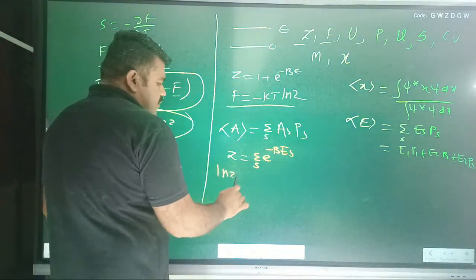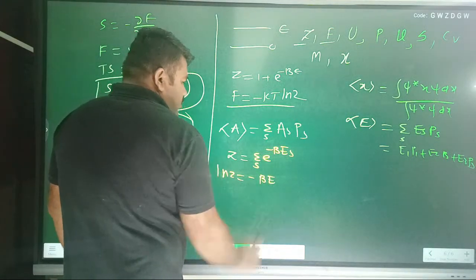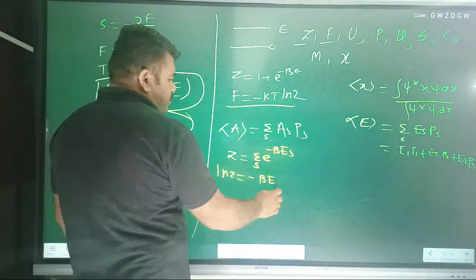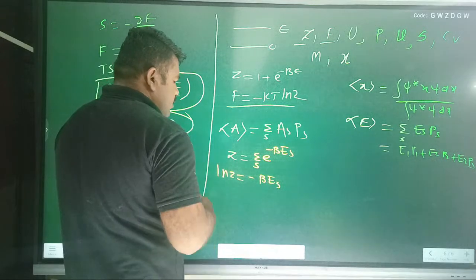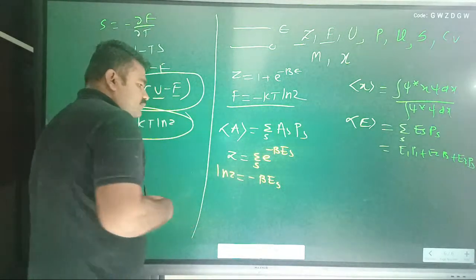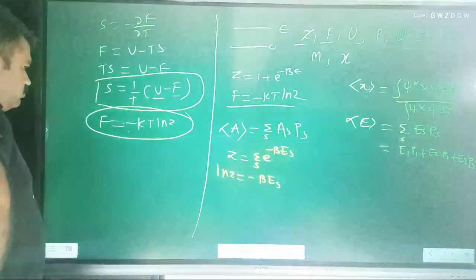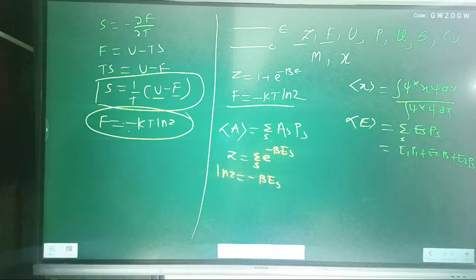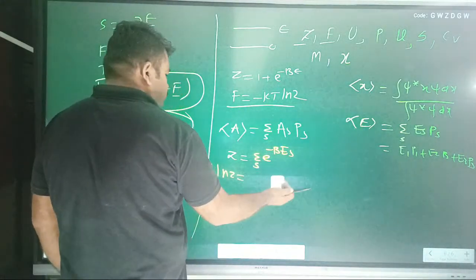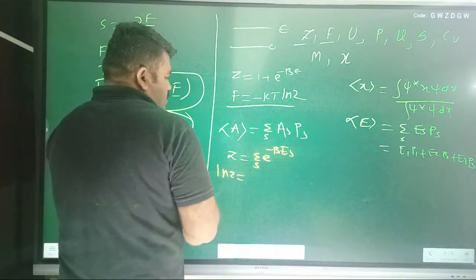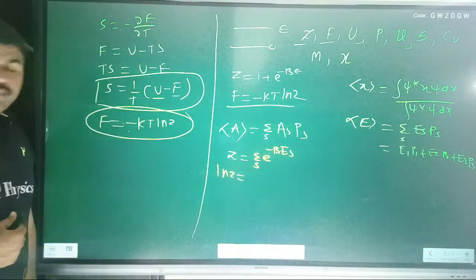Then this becomes ln Z is equal to ln of summation over s of e to the power minus beta E_s.